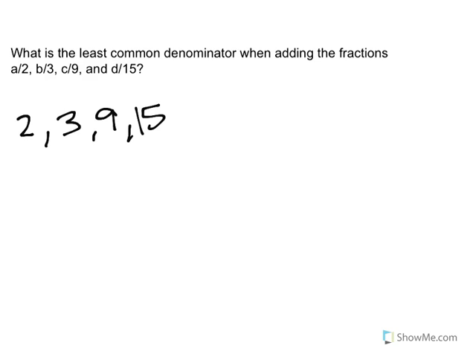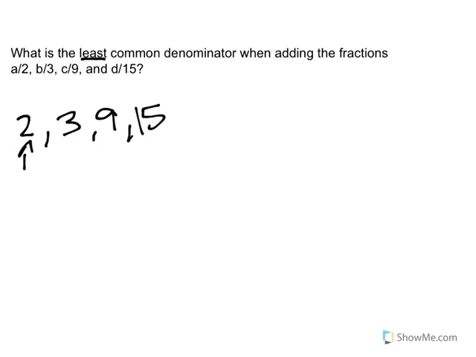We also need to make sure it's the least common denominator, meaning the lowest possible number that all of these numbers can go into. Now we could multiply 2 times 3 times 9 times 15, and that would give us a common denominator, but that would not be the least common denominator. We want to find the smallest possible number that all of these can go into.